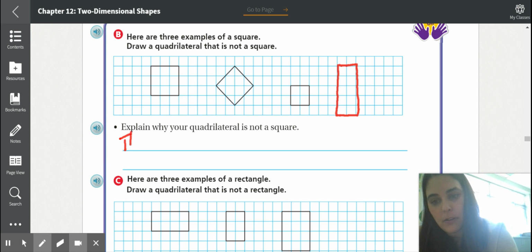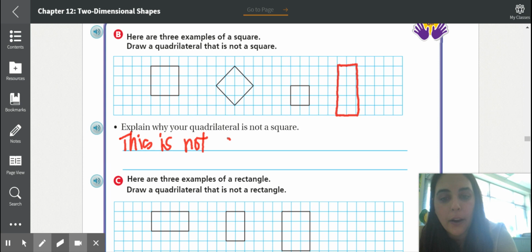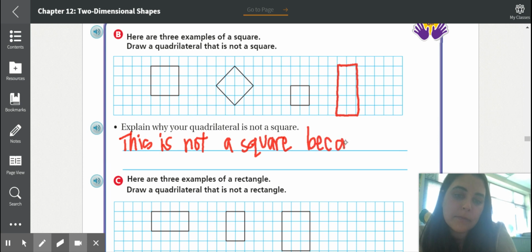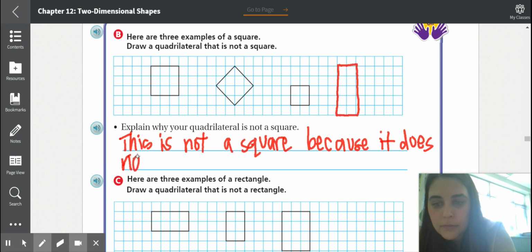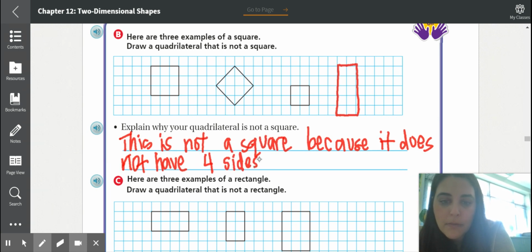So this is not a square because it does not have 4 sides of equal length.